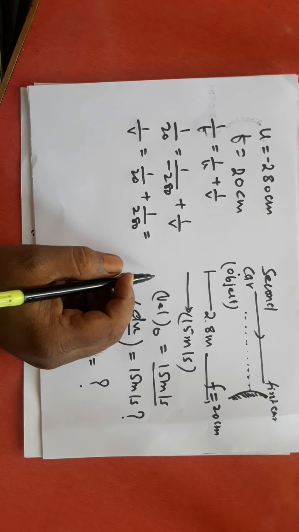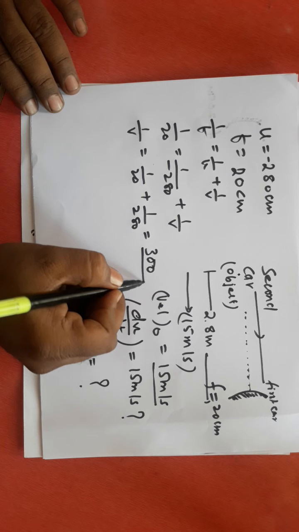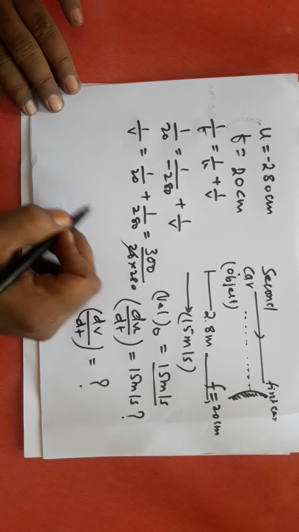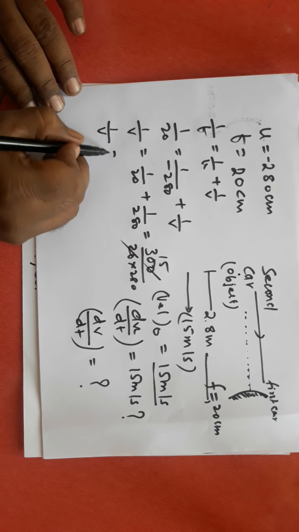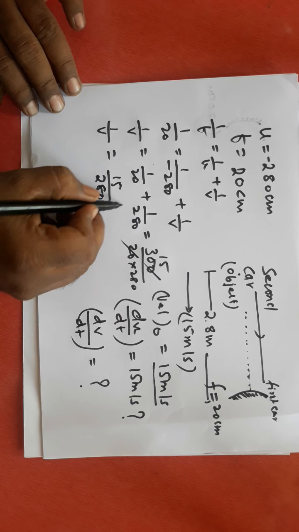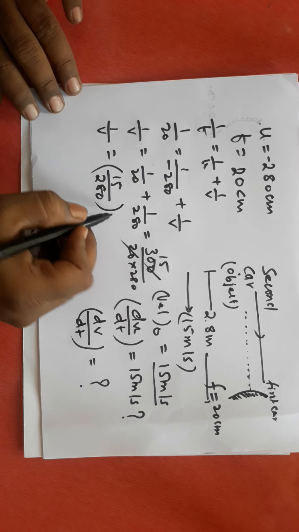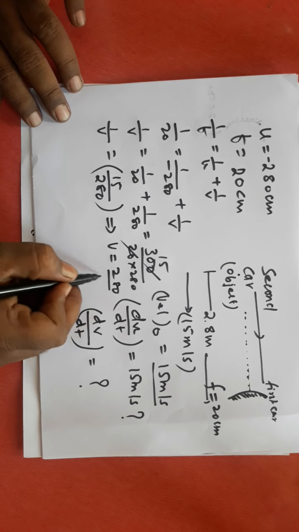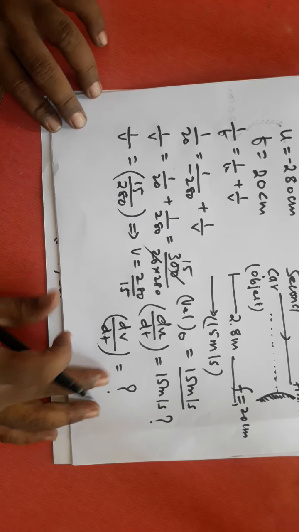Then this will be 280 plus 20, that is 300, by 20 into 280. This will be 15. Then 1 by v is equal to 15 by 280. Don't cancel this, let us keep it as it is. Or v is equal to 280 by 15. I want v by u.